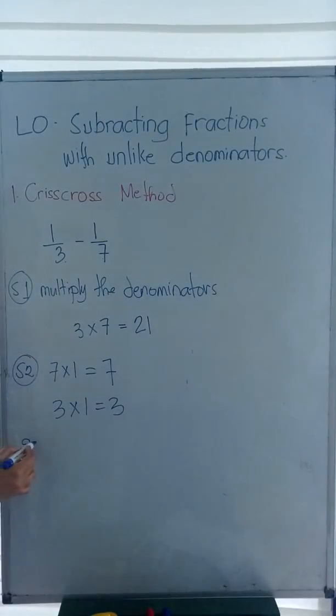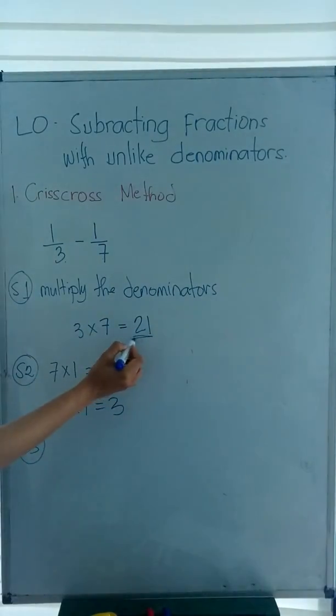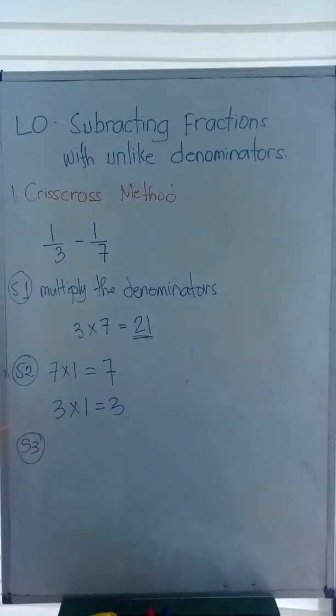So for step 3, in order to get the numerator, because we already have our denominator, 21, we are just going to subtract or take away the answers here. So 7 take away 3 equals 4.